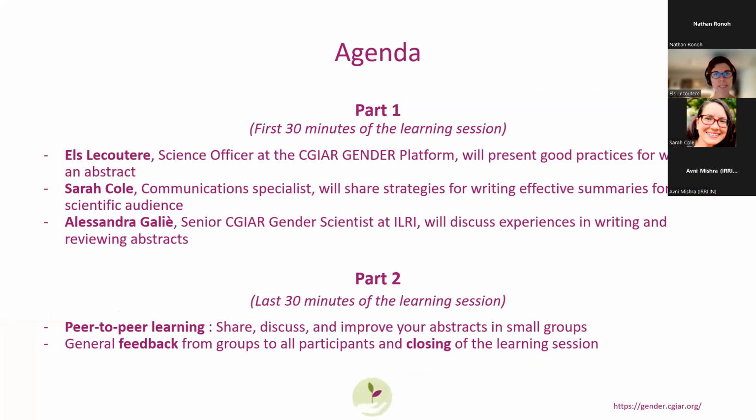And then after that, we'll have Sarah Cole, who is a communication specialist, and she will share some of her strategies for writing effective summaries for a scientific audience. And then we'll have Alessandra Gallier, who's a senior CGR gender scientist at ILRI, who will discuss her experiences in writing abstracts and also in reviewing abstracts.